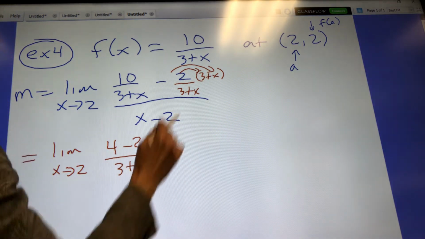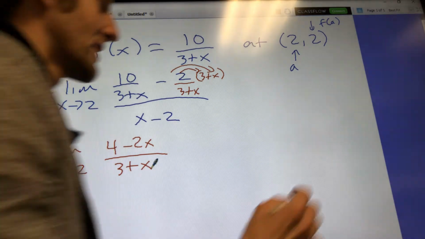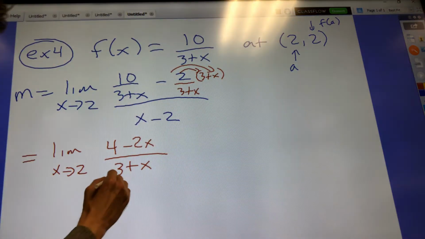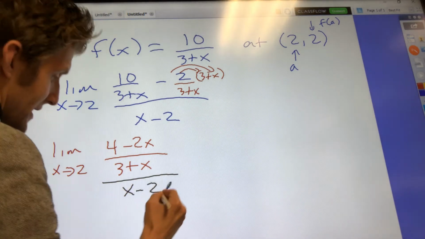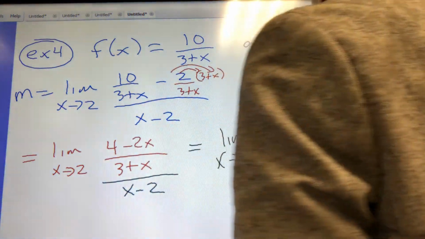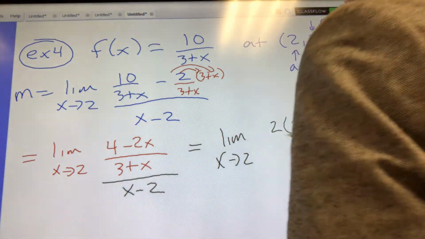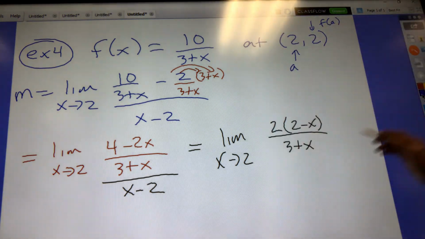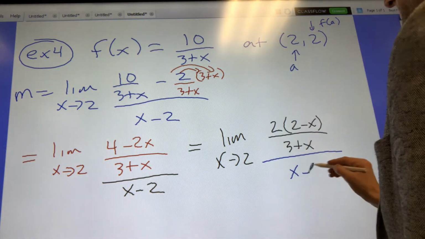This is my true numerator, divided by x minus 2. That is my denominator. So this is nice: the limit as x goes to 2 of 2 times 2 minus x over 3 plus x. That's my true numerator, and my true denominator is x minus 2.